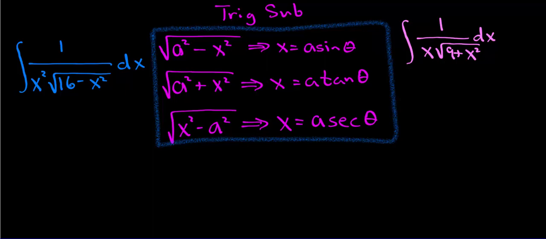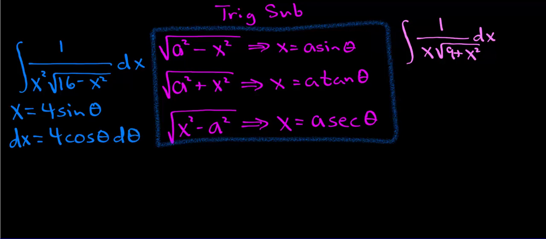This is 16 minus x squared. So I just let x be 4 sine theta. Therefore, dx is going to be 4 cosine theta d theta. So I rewrite my integral this way. In place of dx, I write 4 cosine theta d theta.